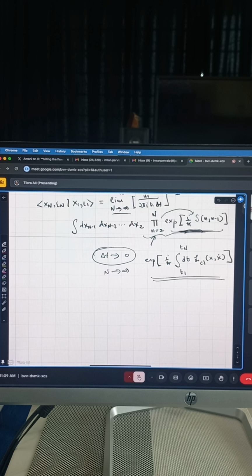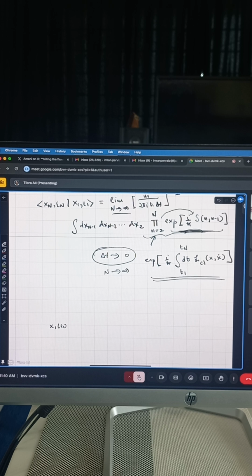Let me introduce the notation that Damiani has been using, which is if I go from x1 to x2, what is x1? x1 is the position at t1, and this is the position at tn.